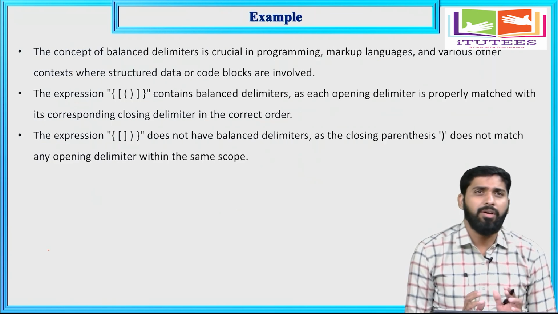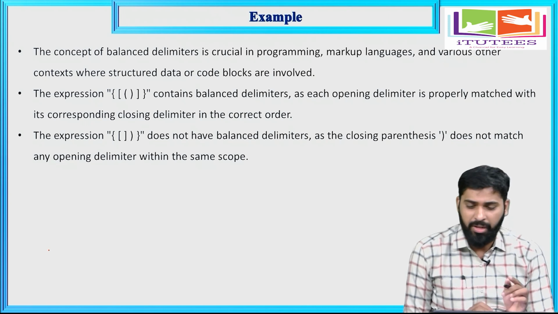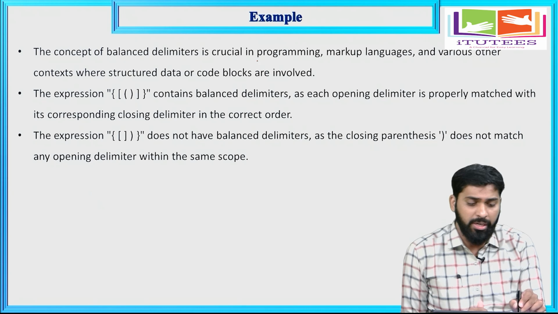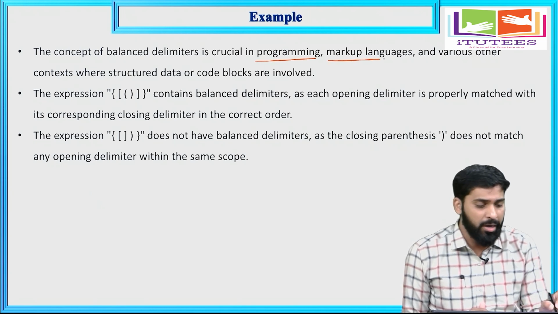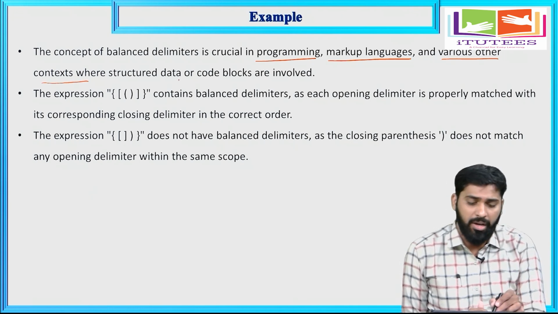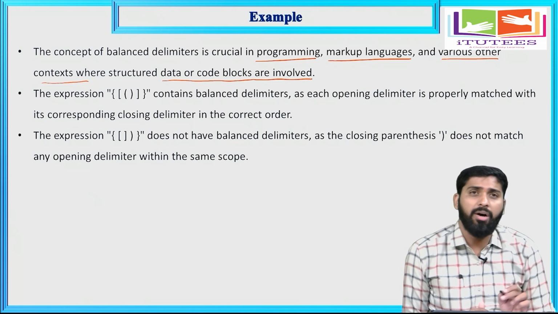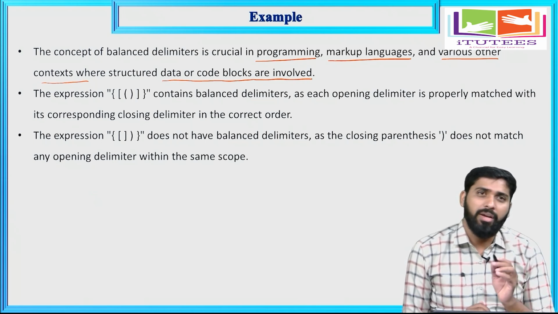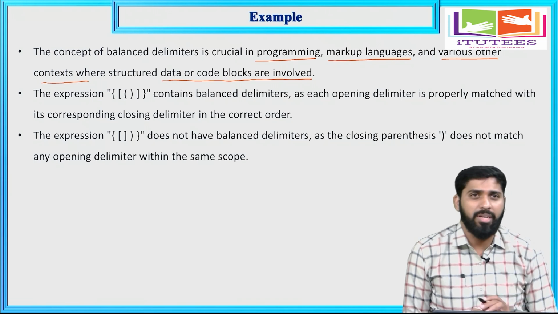Okay, so now we see one example. The concept of balanced delimiter is crucial in programming, markup languages and various other contexts where structured data or code blocks are involved. In the last class we wrote one stack program.